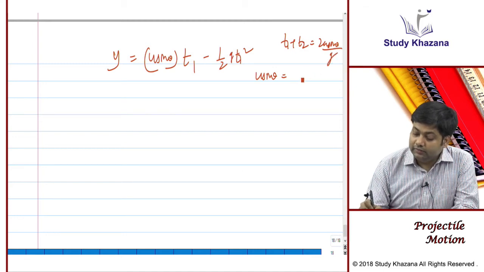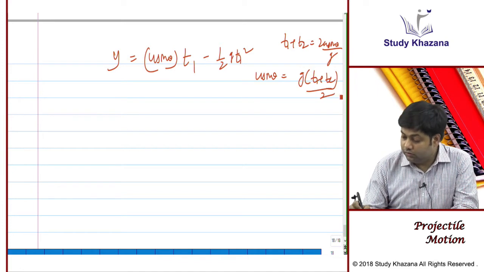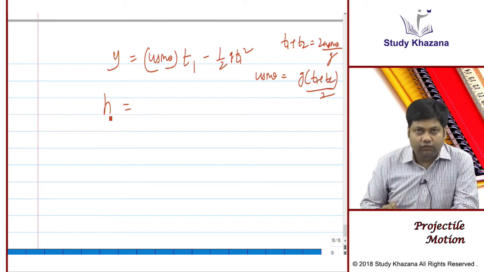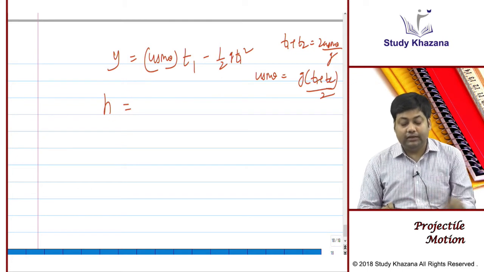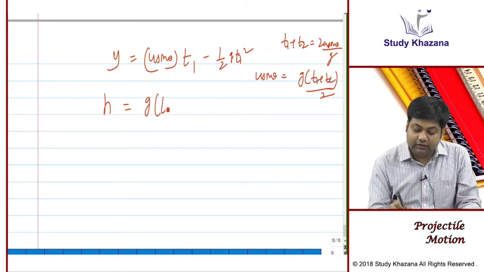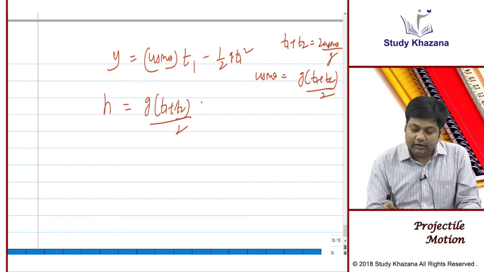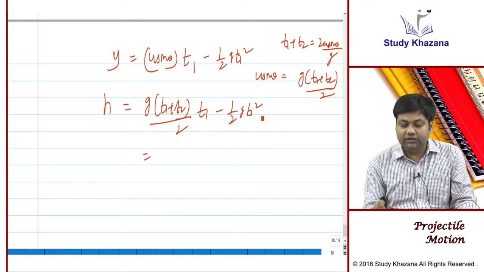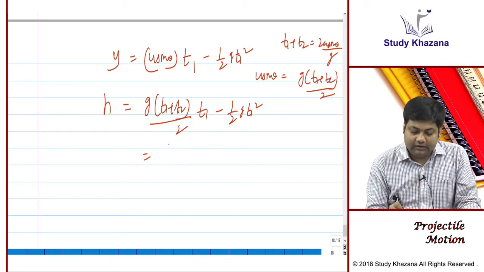So u sine theta was g (t1 plus t2) by 2. Now in place of y we put the value of h, because that is the height given for that particular point, and in place of u sine theta you put this expression g (t1 plus t2) by 2 into t1 minus half g t1 square. Now you see the expression half g t1 square gets cancelled. So what we get is half g t1 t2 is equal to h.